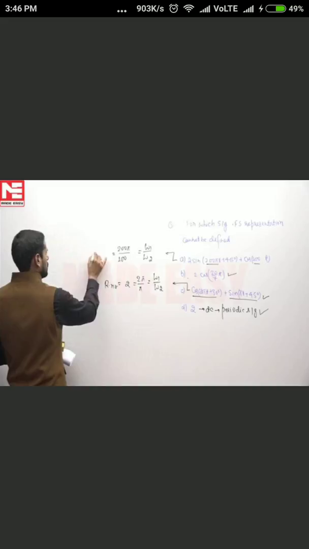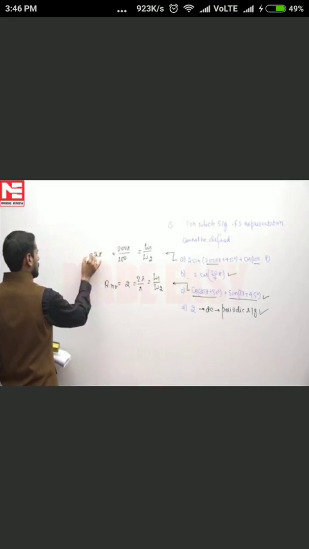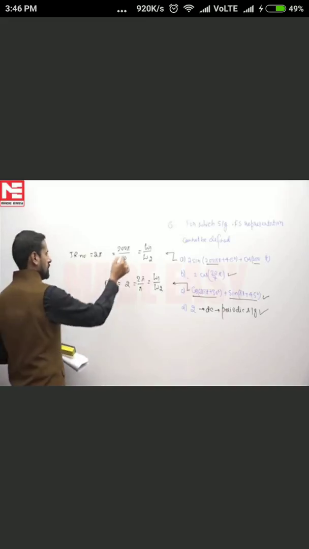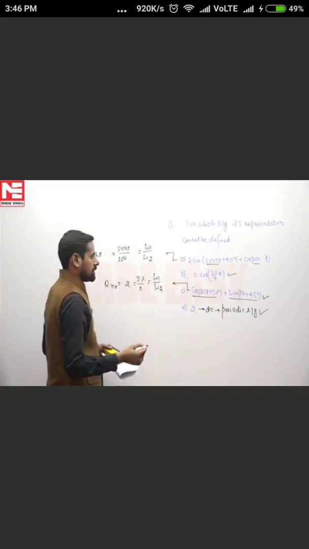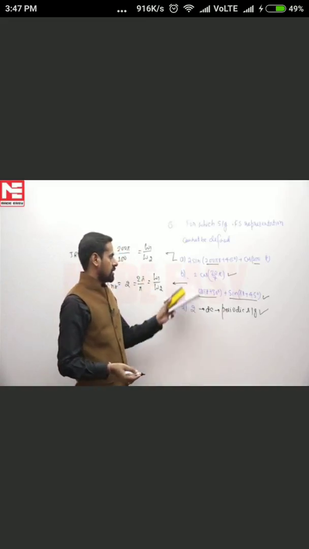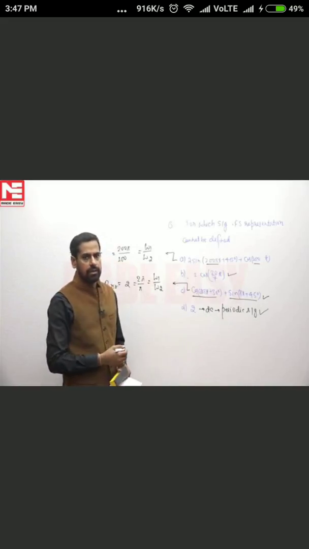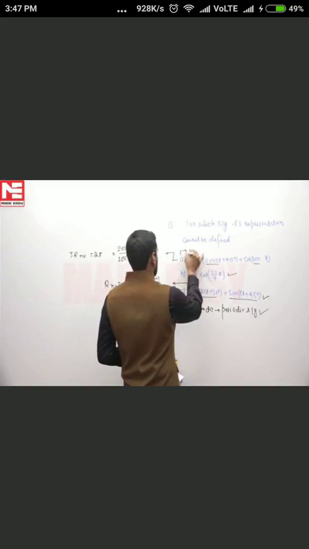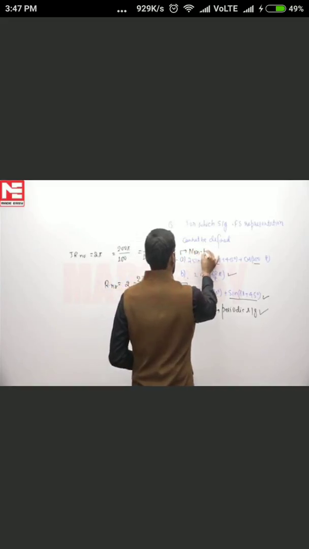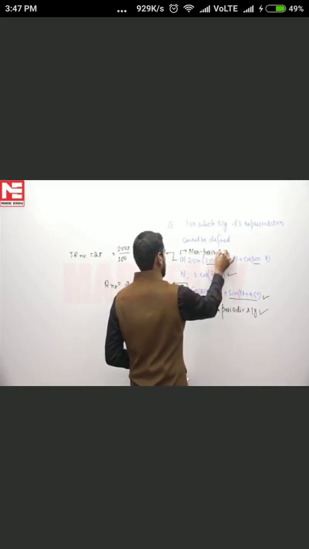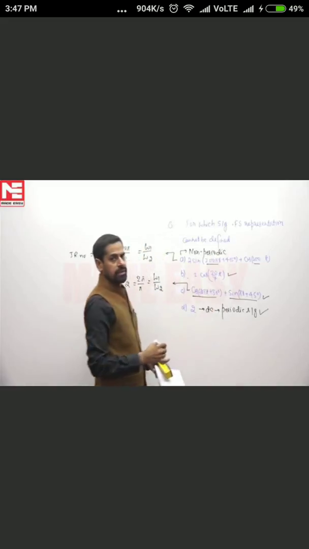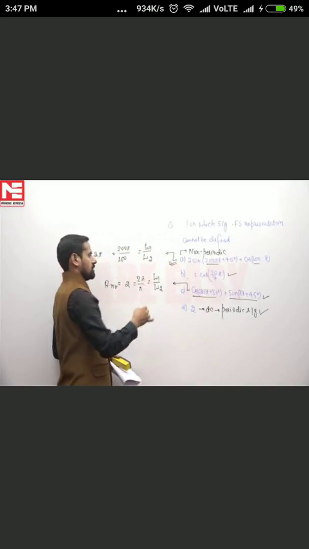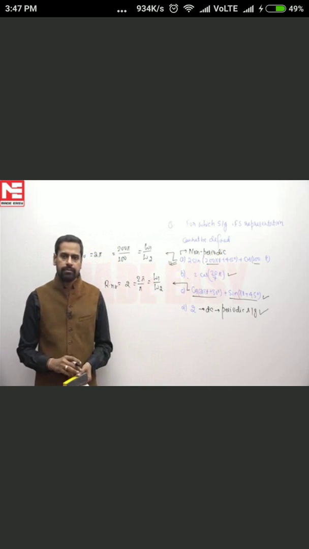So it will be equal to 2 pi, and 2 pi is an irrational number. And if the ratio of frequencies is irrational, then the summation of periodic signals will be non-periodic. It means option A is a non-periodic signal, and for any non-periodic signal, Fourier series expansion is not possible. So for option A, for this question answer is option.